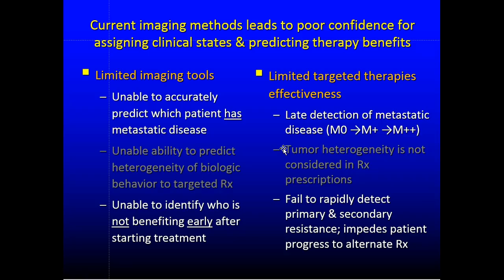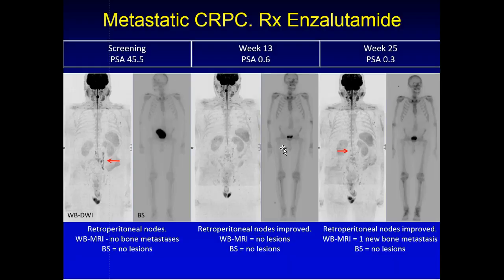And I just wanted to give you one illustration that shows both points. So here is a patient with metastatic prostate cancer. You can see that this is a whole body diffusion scan, so part of a whole body MRI examination. We have retroperitoneal lymph nodes only, no bone metastases, so the bone scan is negative. Patient undergoes enzalutamide treatment.